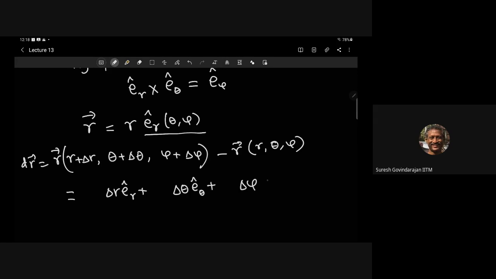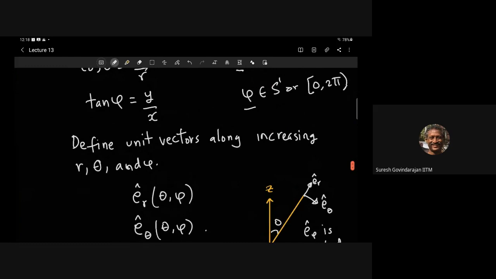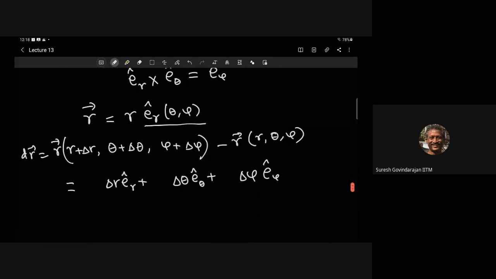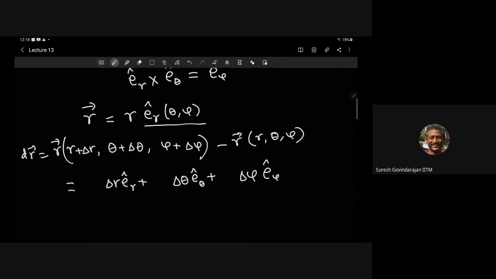Whatever I wrote is based on my definition that these are unit vectors along increasing r, theta, and phi, so the displacement has to be along those directions. But there are prefactors called scale factors, and I'll write them for you now.